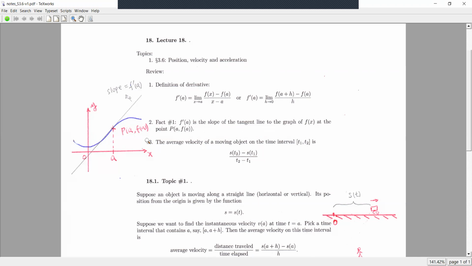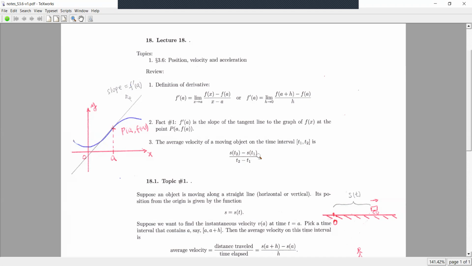Review number 3. The formula to compute the average velocity of a moving object on the time interval from t1 to t2 is this. S of t2 is the position of the moving object at the time t2.